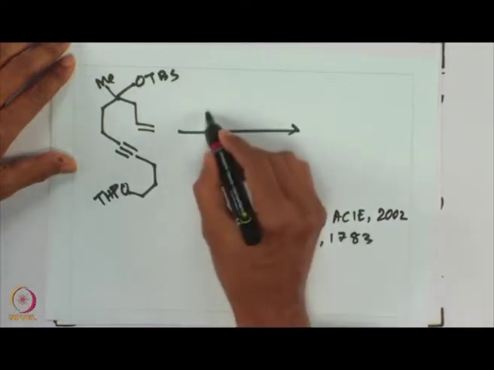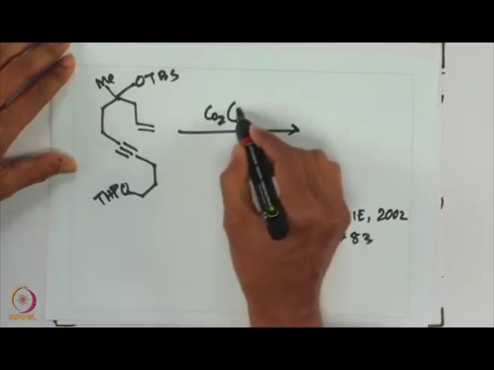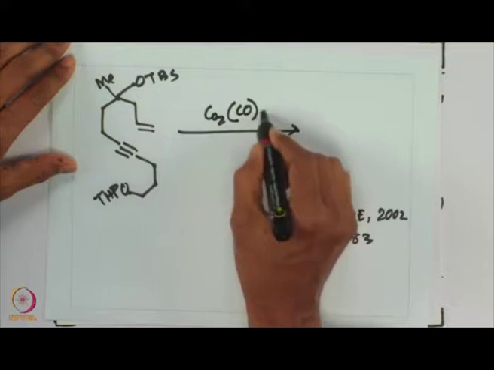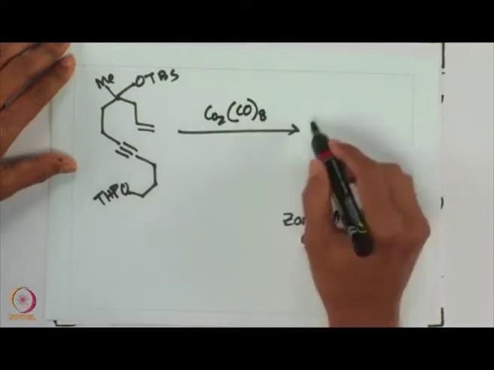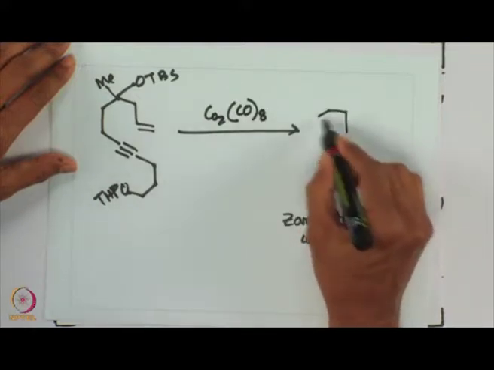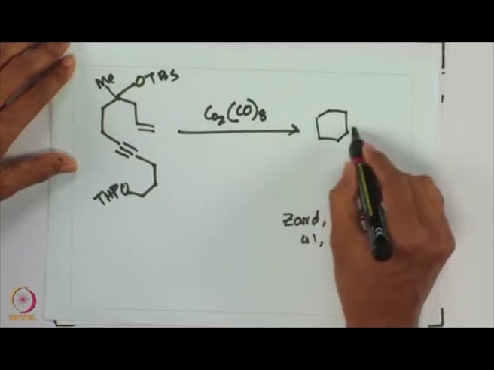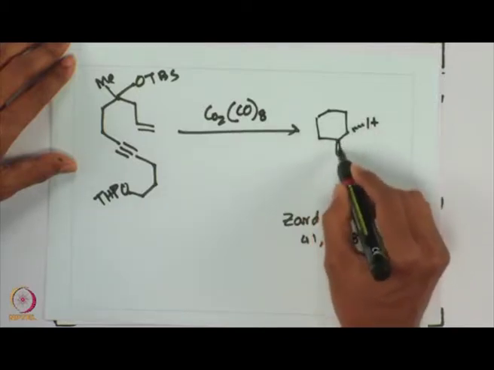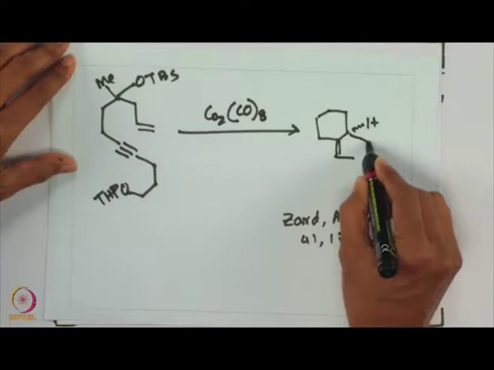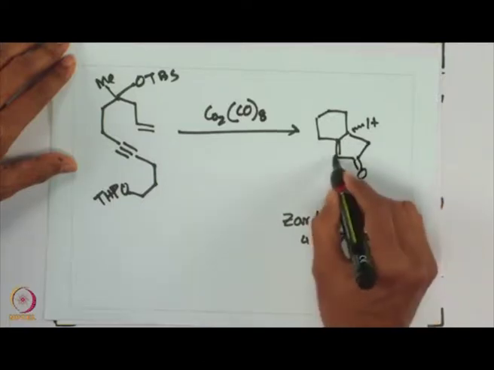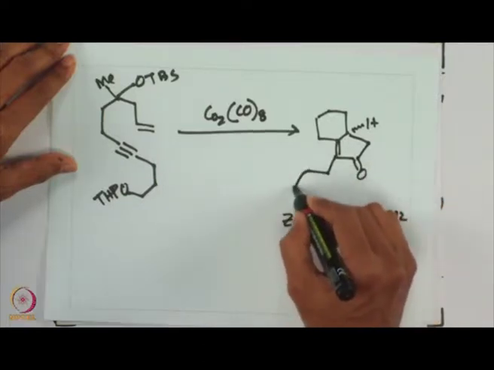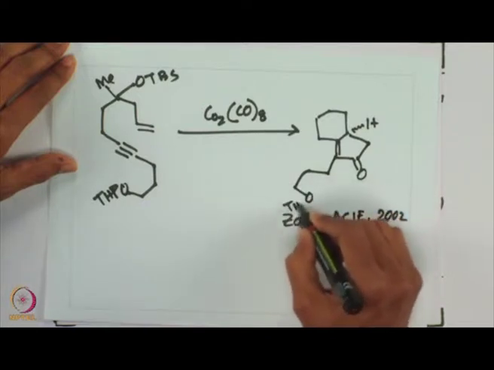The starting material you need is again the dicobalt octacarbonyl species, and overall you get this product very efficiently, and the desired cyclopentanone is formed rather easily in these cases.